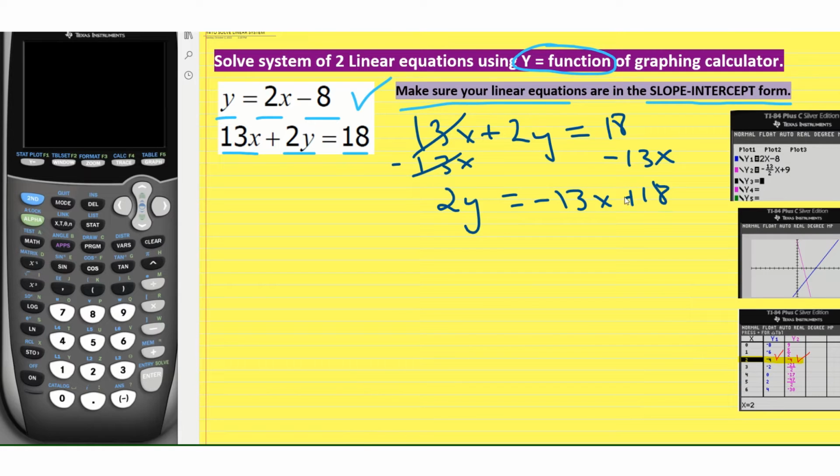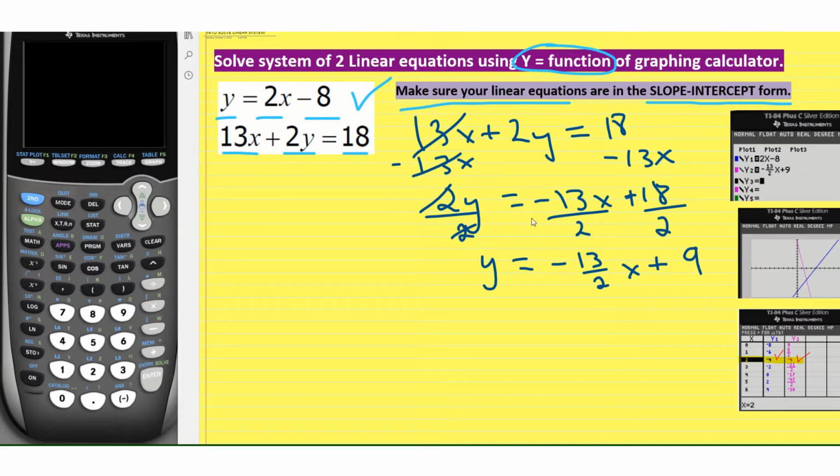Then I'm going to get rid of that 2 by dividing every single piece by 2. So 2, 2, and 2. These will cancel, and that leaves me with an equation of y equals negative 13 halves x plus 9. 18 divided by 2 is 9. And that 9 looks kind of funky.